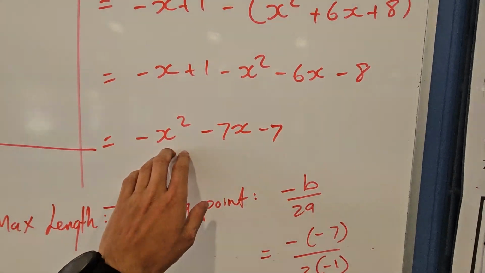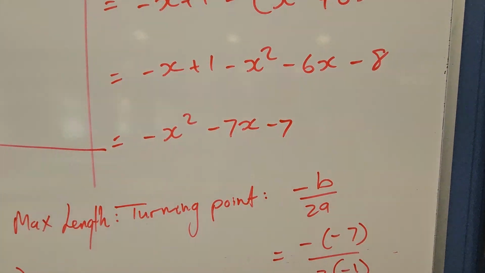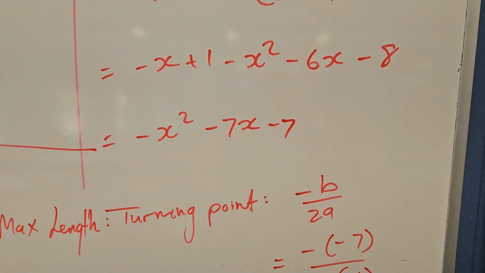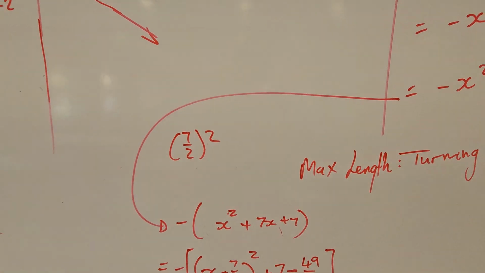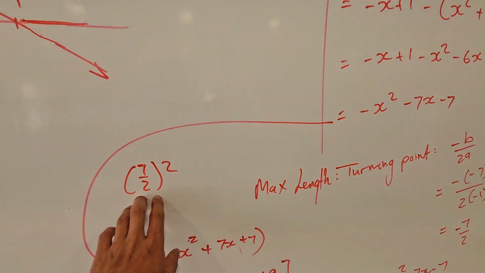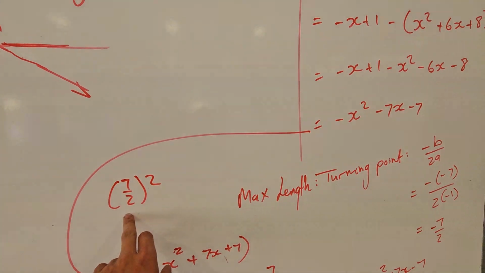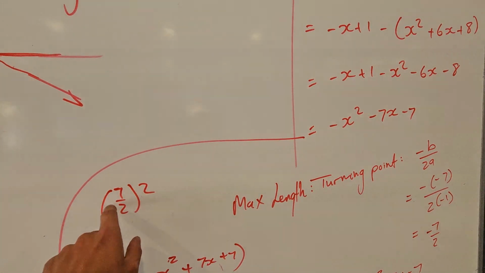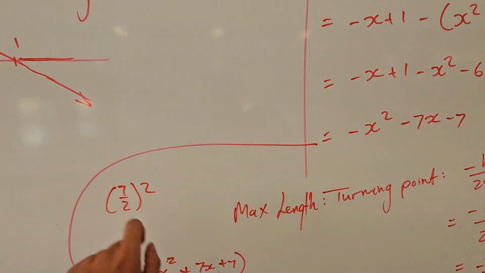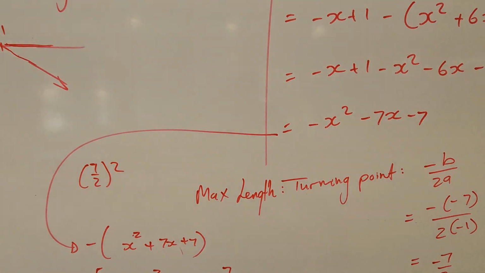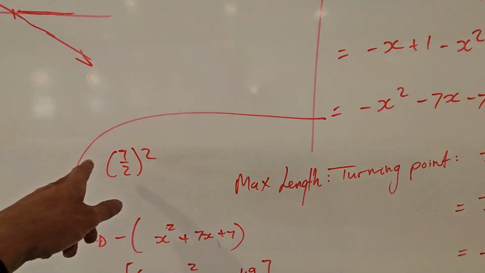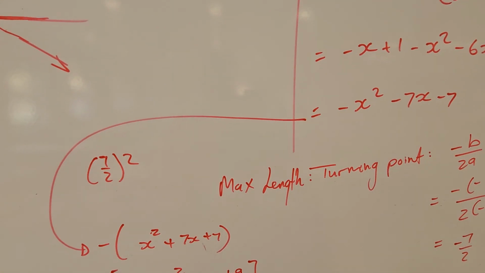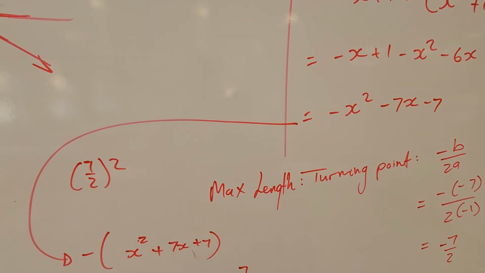If we take this expression and complete the square, we can also find its turning point, as well as the y value of that turning point immediately. So we add and subtract to this expression to get a perfect square. It's going to be a half b squared, which is a half times negative 7, squared, which would be 7 over 2 squared.